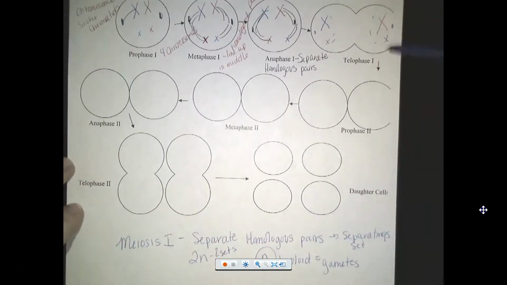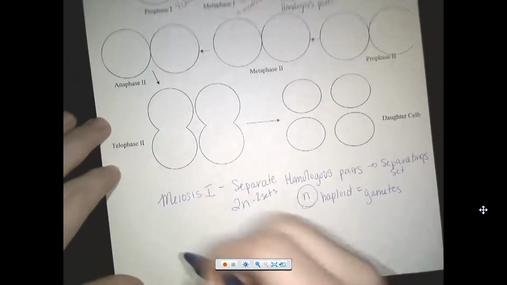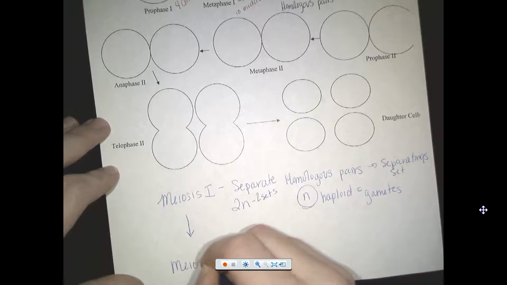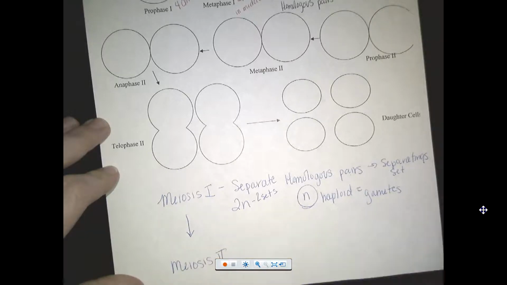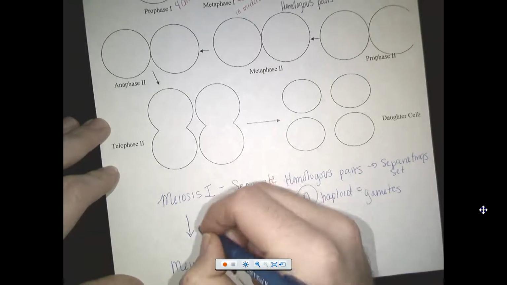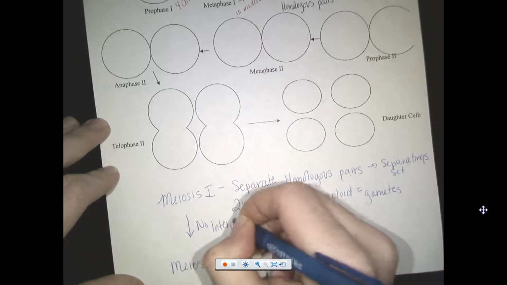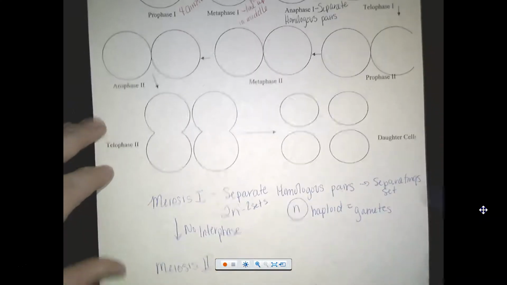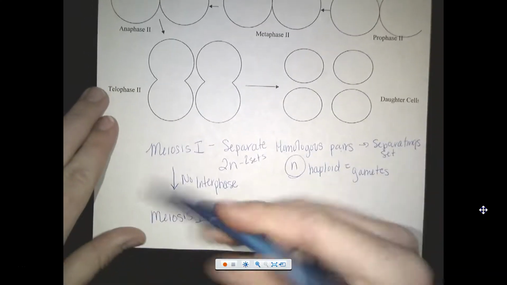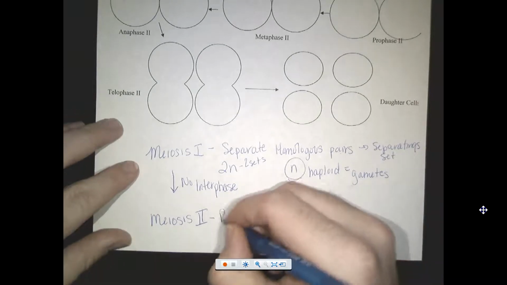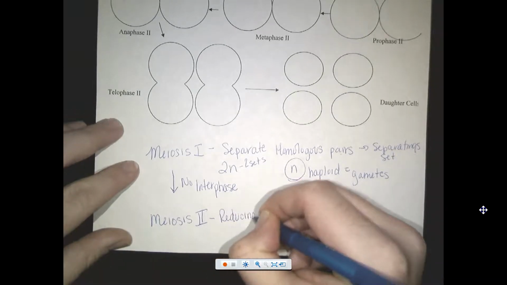Does that happen during meiosis? No. So once we go from meiosis 1, we go straight to meiosis 2. Okay, so meiosis 1 straight to meiosis 2. So we get no interphase. So no interphase happens during these two. So we go straight to meiosis 2. In meiosis 2, what we're doing here is we're reducing our total number of chromosomes.